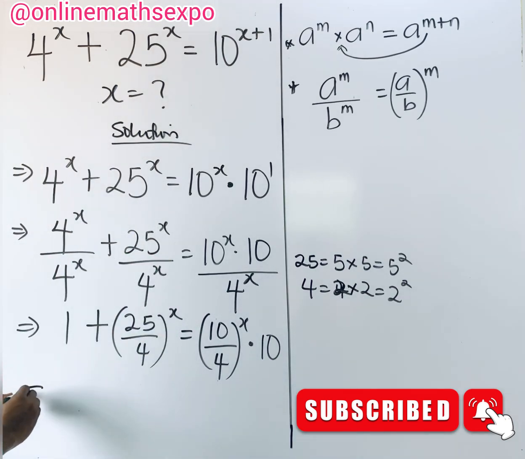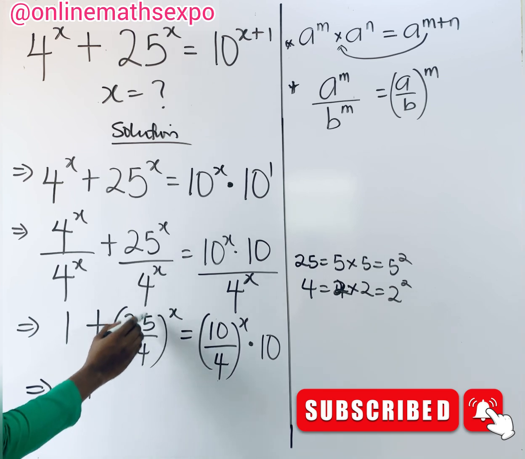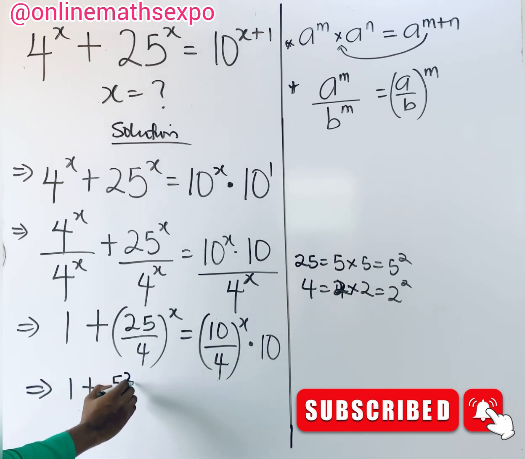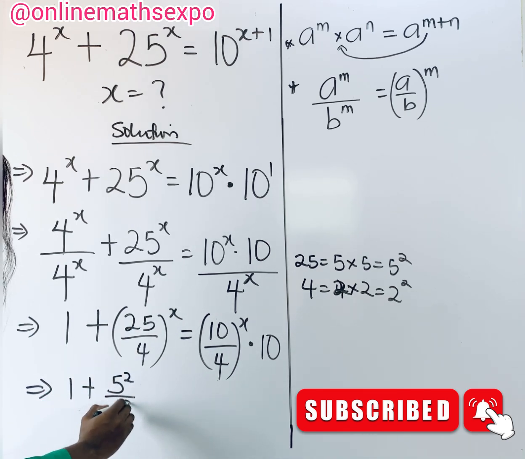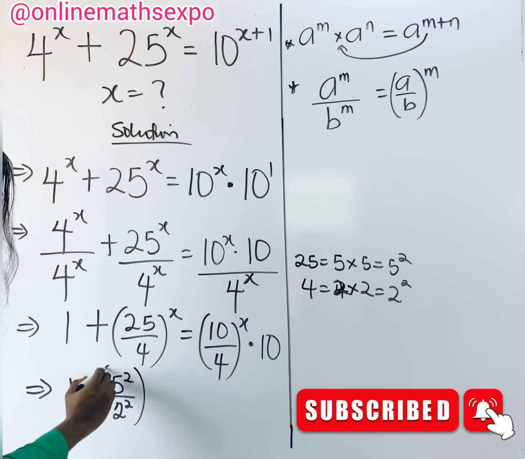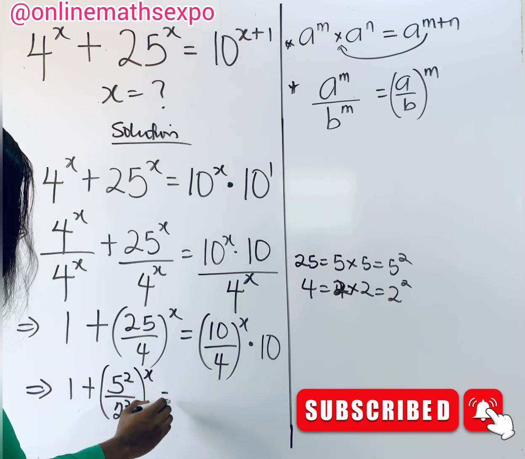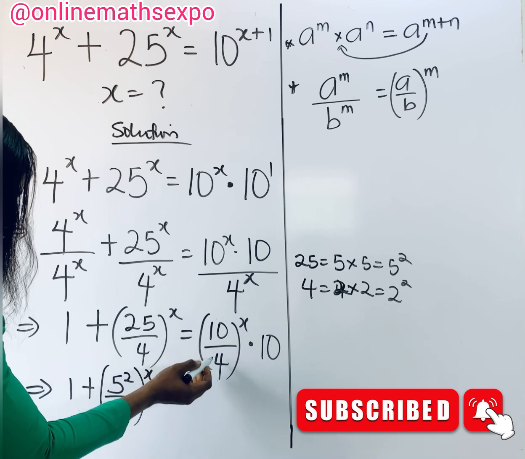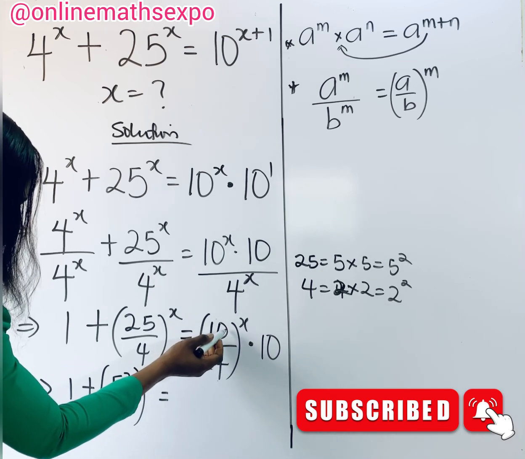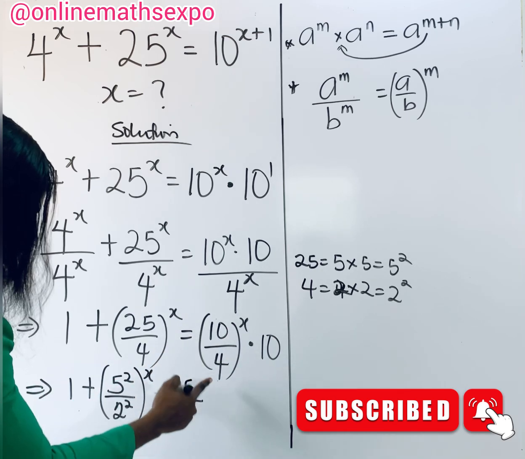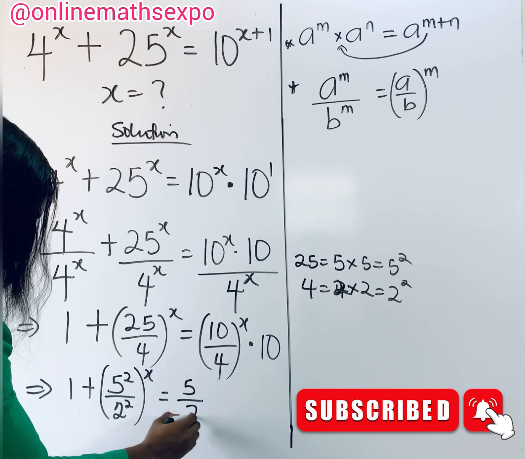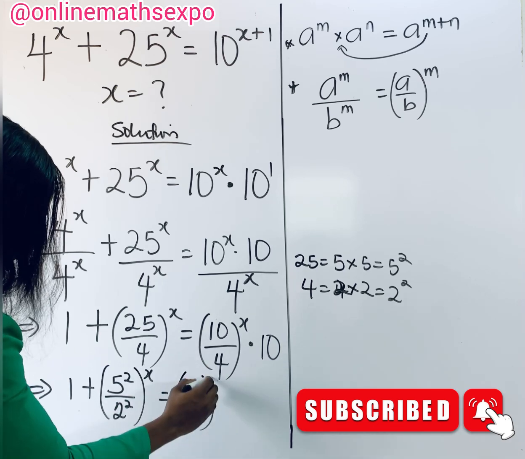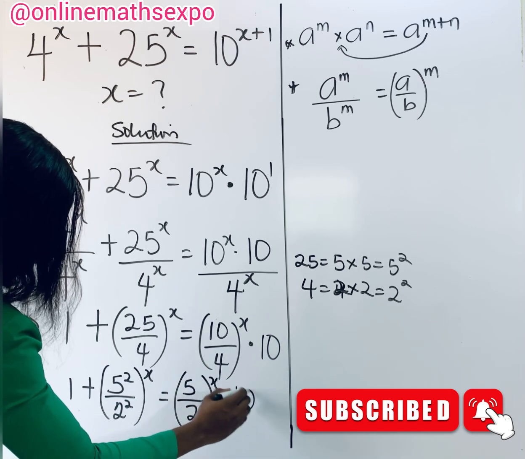See what you have. So we're going to have 1 plus 5 squared divided by 2 squared, then raised to the power of x is equal to, you can also simplify this. You observe that 2 can go in 10 to give you 5, 2 can go in 4 to give you 2, then raised to the power of x multiplied by 10.